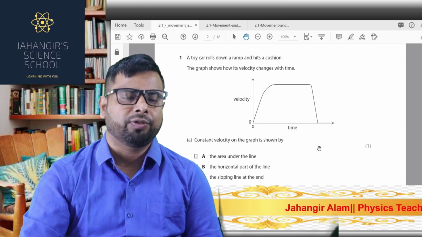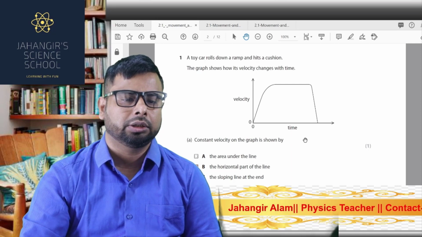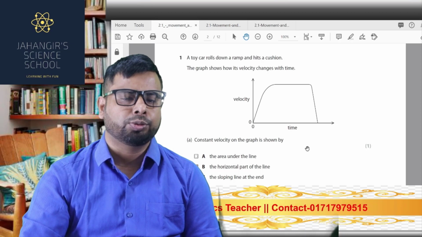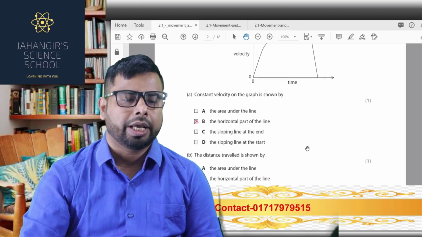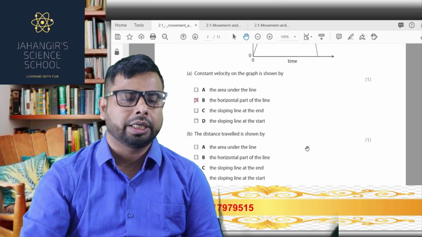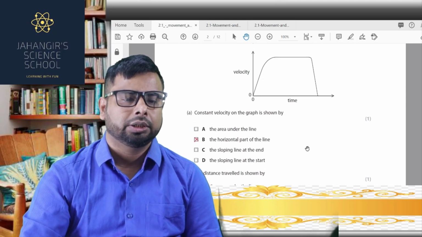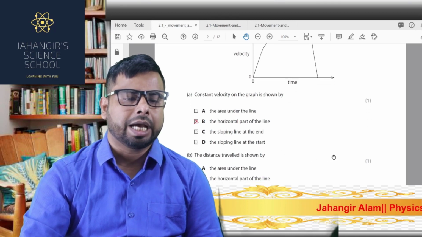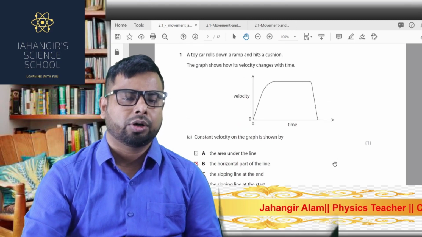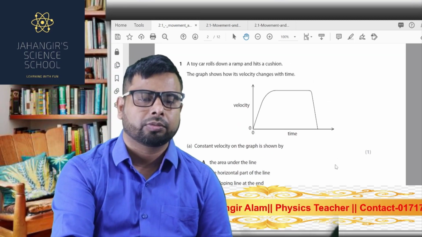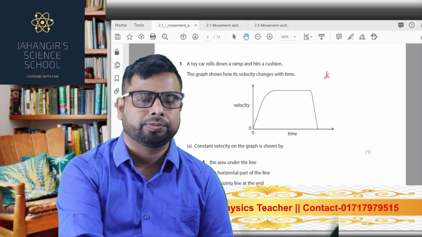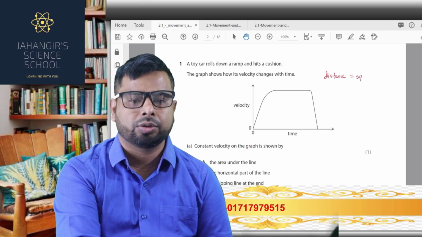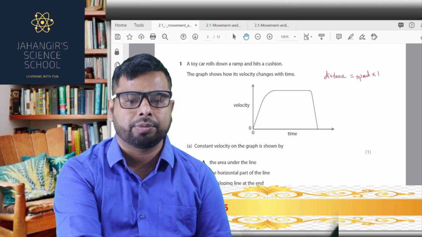So remember, if the velocity time graph is horizontal to the time axis, then it represents the object moving with constant velocity. Then distance is shown by the area under the line. Remember, because we know distance equals speed into time, or velocity into time.